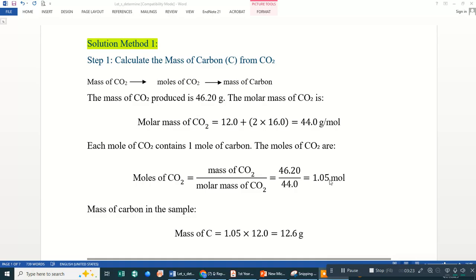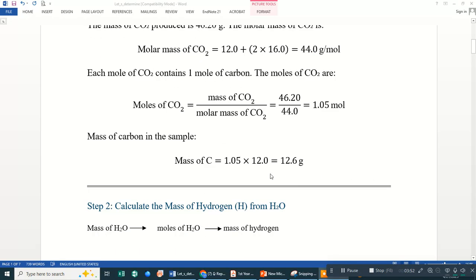Multiply these moles with the atomic mass of carbon. In carbon dioxide, there is only one carbon, and its atomic mass is 12. So 1.05 multiplied by 12 is 12.6 gram. So the mass of carbon in carbon dioxide is 12.6 gram.